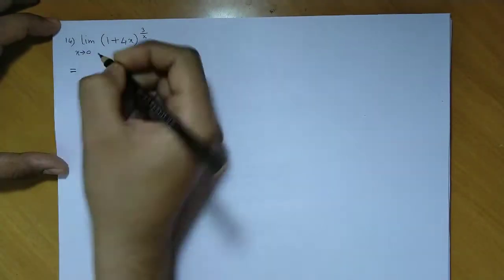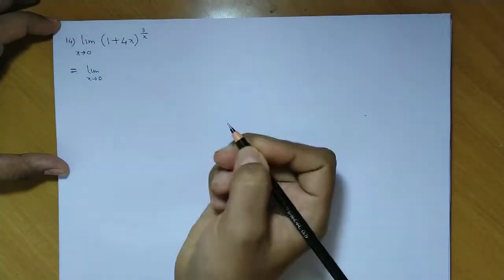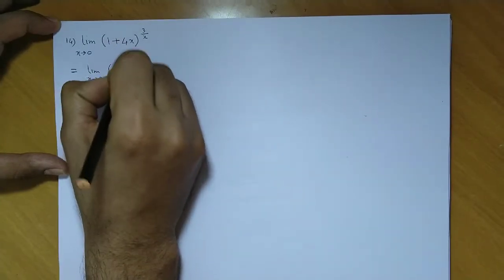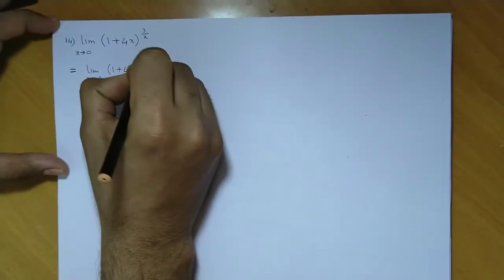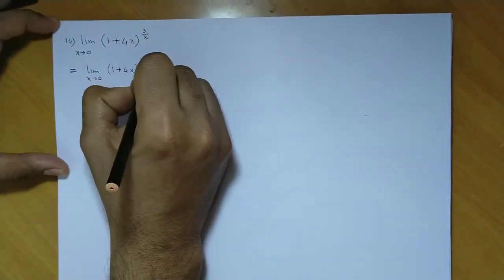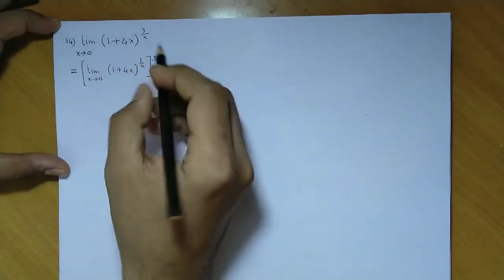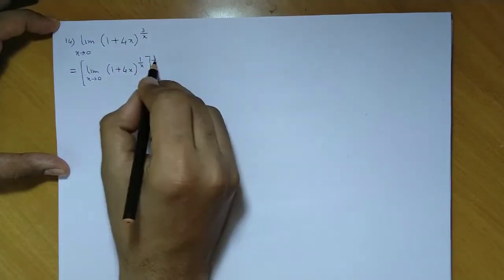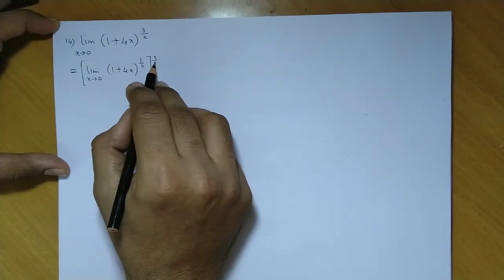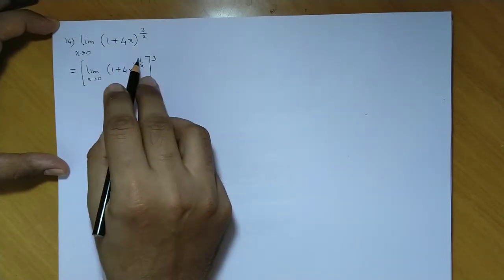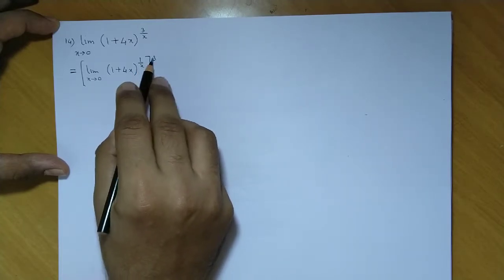So we proceed with this. Limit as x approaches 0, 1 plus 4x. So we just write 1 by x and we take this factor 3 outside here, because 3 upon x is nothing but 3 into 1 by x. So we have separated out this 3 here. Now we have 4x here and we need 1 upon 4x over here, so we need to multiply and divide by 4.